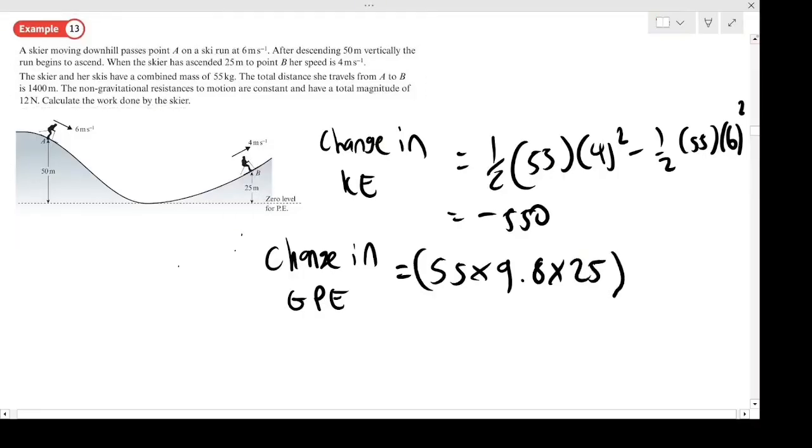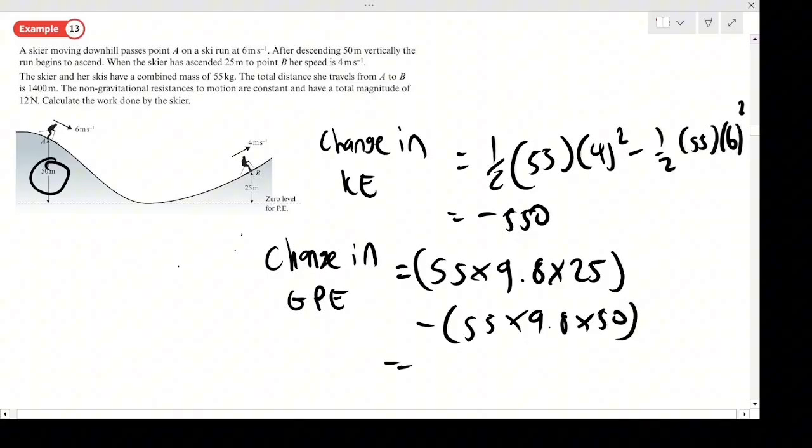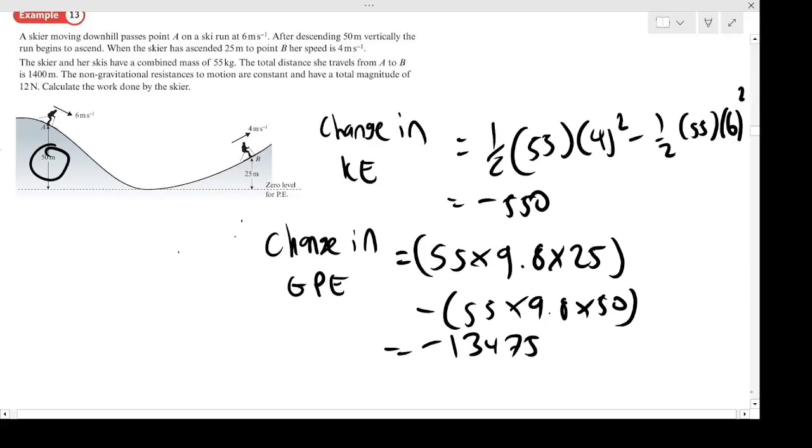If we work that out and then take that away from the initial GPE, like kinetic energy, well, the height is 50 meters above ground, so it's going to be m, which is 55, times 9.8 times 50. If we work that out, that's minus 13475. And again, that's also negative because overall, between the 2 points, she's gone further down, because she starts 50 meters above and then she's just 25 meters above ground at the end there.